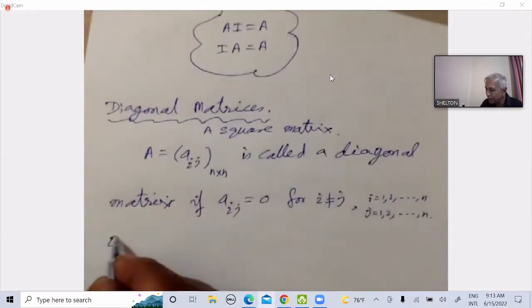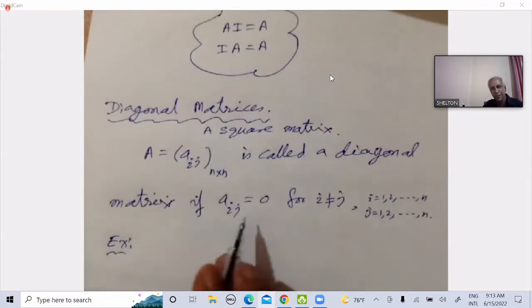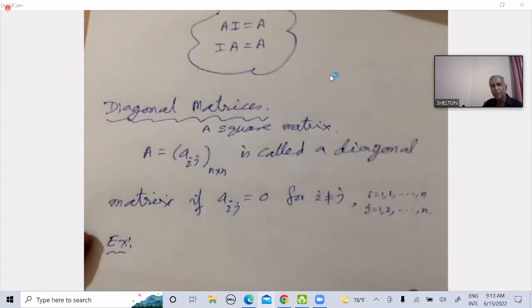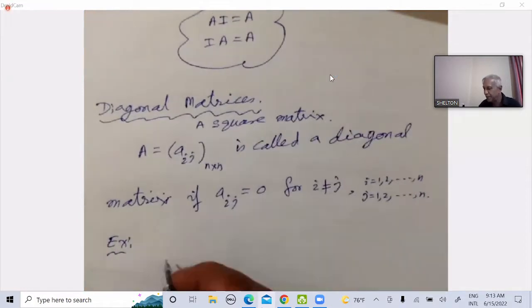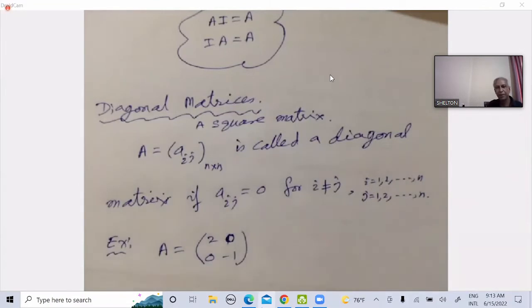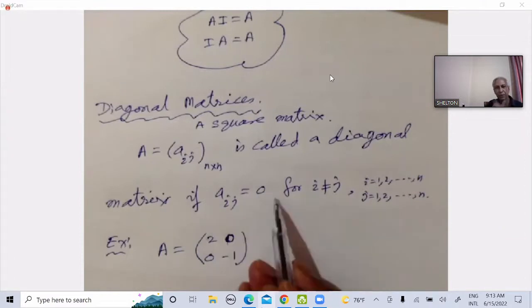Example. Now you have to understand this not just by symbols, you have to understand it in actual matrices. So let me give you an example: A equals, say, 2 0 0 minus 1. Is this a diagonal matrix? Diagonal entries need not be 0. I didn't say anything about those.